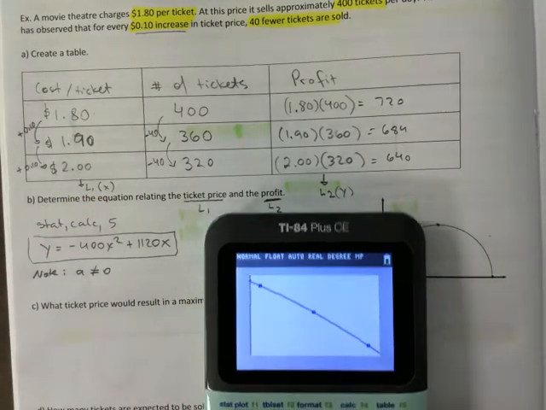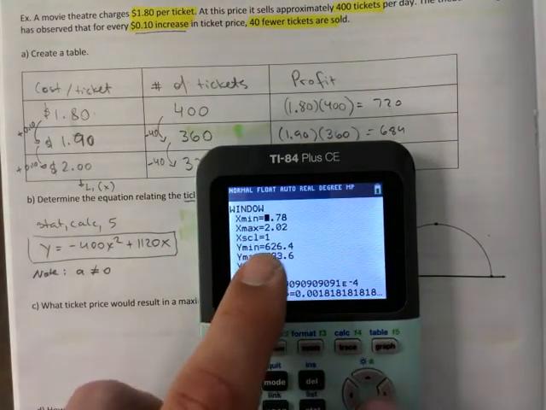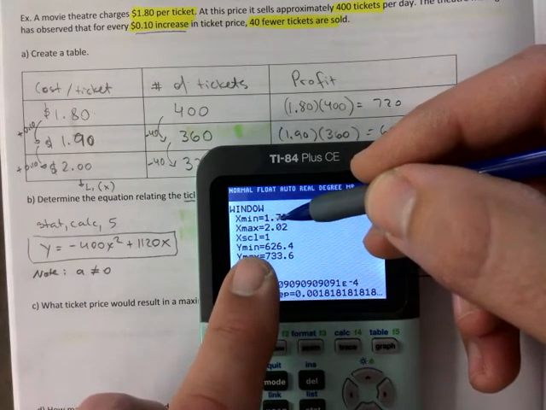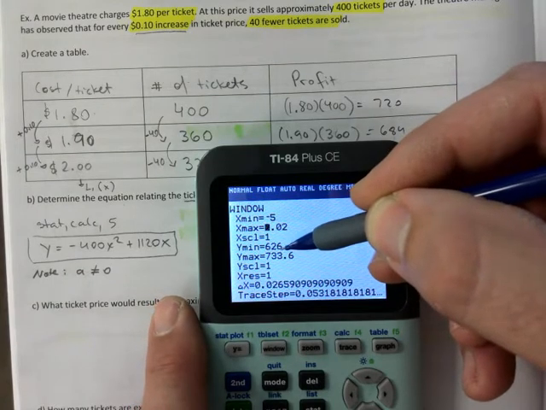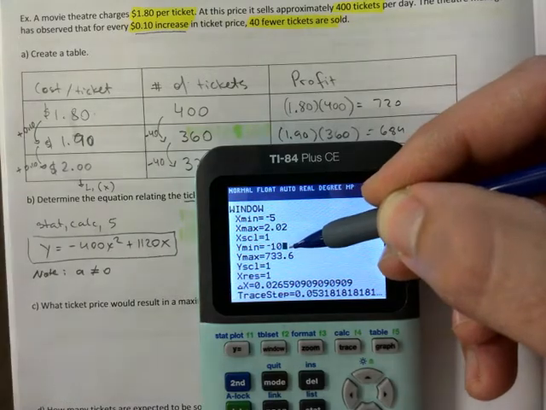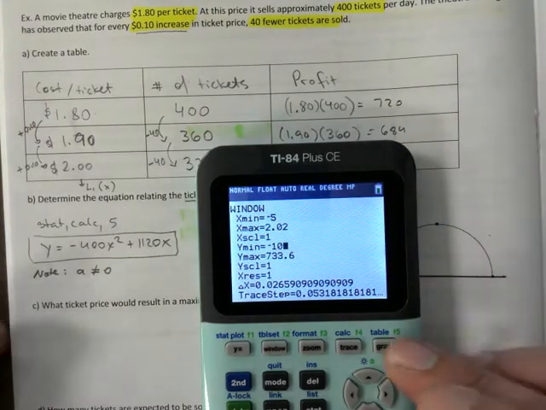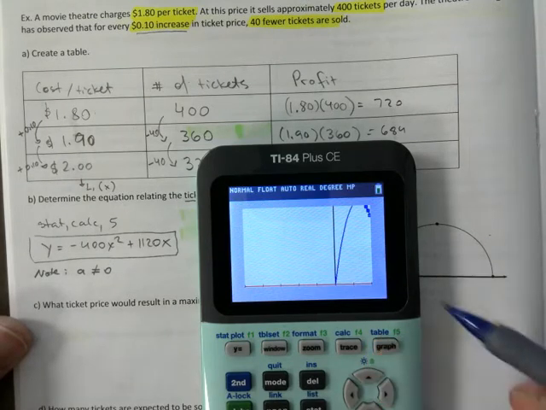But it's actually an easy fix. You go to your window and remember, I need to see my y-axis. So I'm going to go -5 there. And the y-min, I'm going to go -10. Why -10? Why not? Because there's a bigger number there. So I'm just going to go a little lower. And then you hit graph. And it's going to be better.